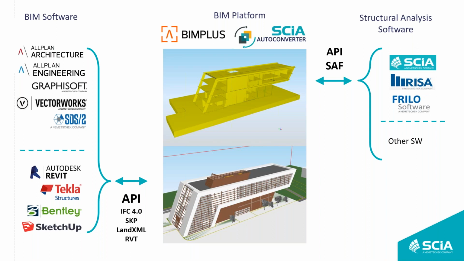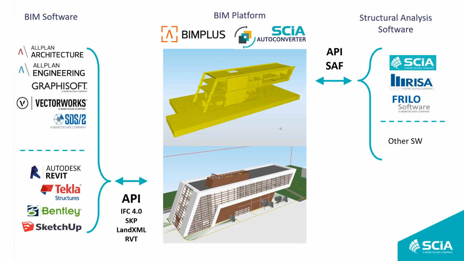What we need is the capability to export IFC, and then the model is uploaded to the SCIA AutoConverter, which is running on top of BIM Plus from Allplan. That upload can be done via IFC file or via API call, which is available, for example, in Allplan.